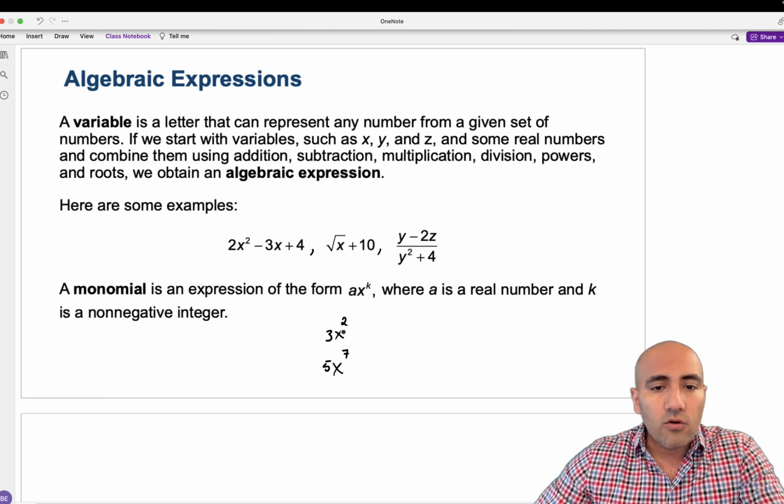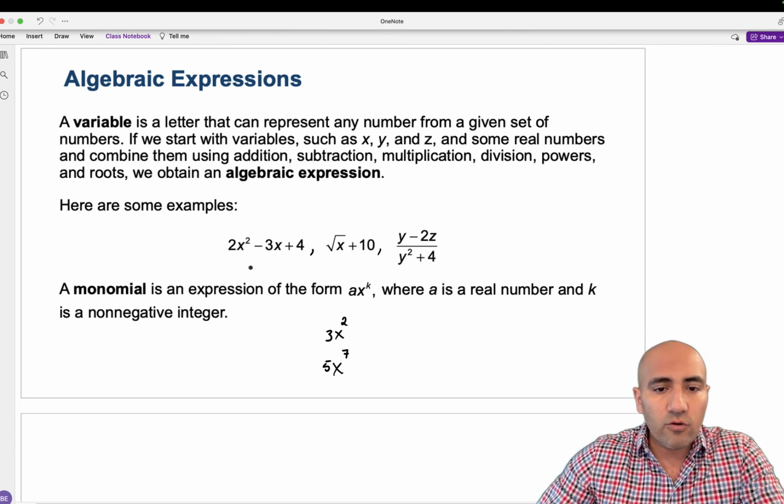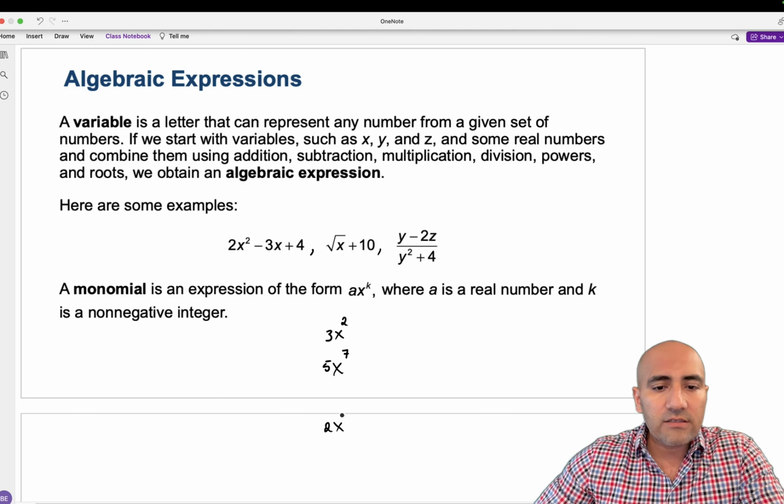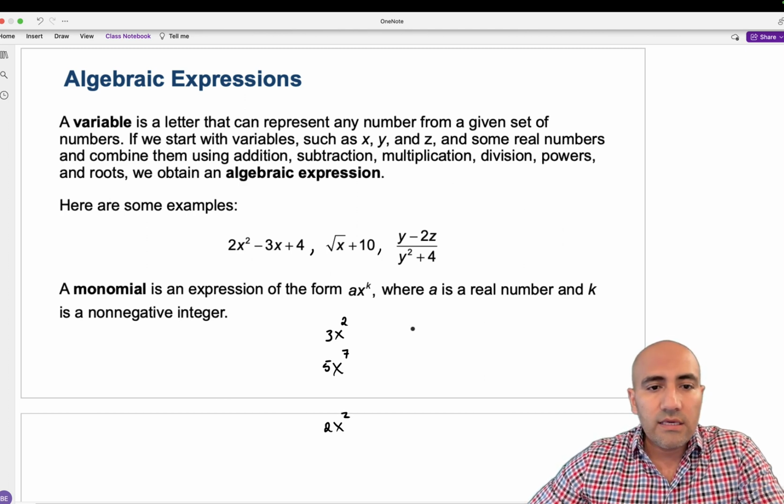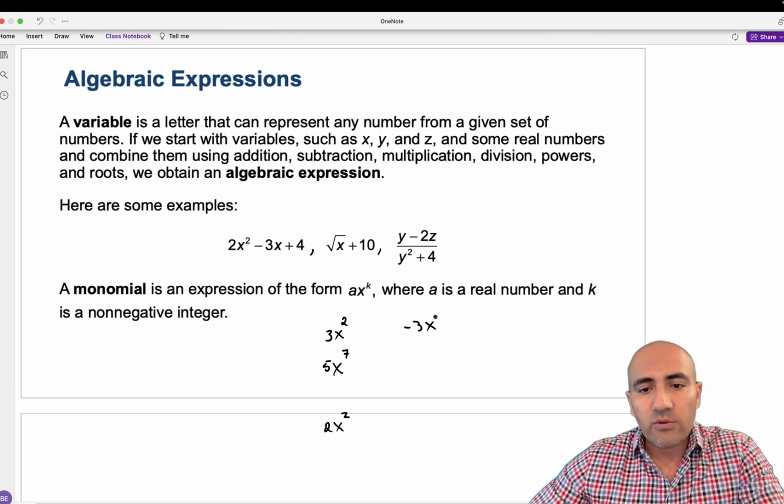Okay. So looking at these expressions up here, this one in particular fits the form. 2x to the power of 2 fits the form of a monomial. The minus 3x also fits the form. This is where the k is a 1, right? By default, if there's nothing there, then there's a little 1.